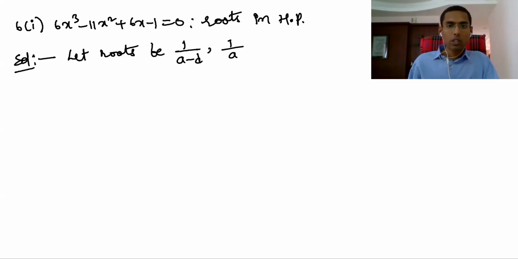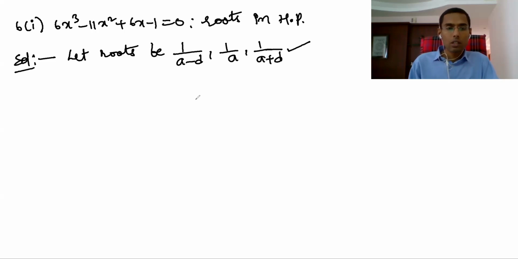Instead of taking like this, one thing we can do is, let the roots be 1 by a minus d, 1 by a, 1 by a plus d. These are in HP, no doubt these are in HP.